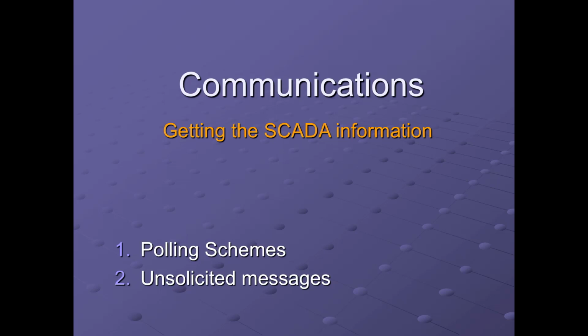So in this presentation on communications, what we're talking about is polling schemes, and then we'll talk a little bit about unsolicited messages, just so you can understand how a network with DNP that uses unsolicited messages is formatted.